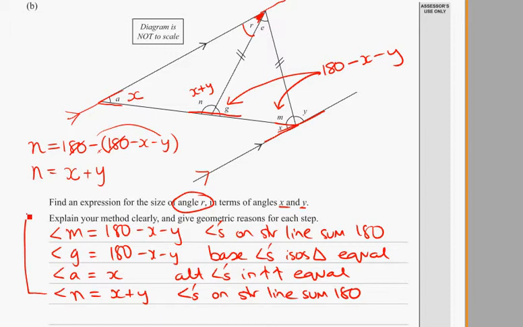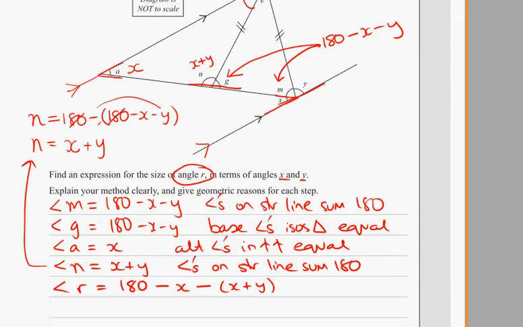And if you just want to refer to the algebra there. So lastly, angle R is going to equal 180 minus that angle minus the x plus y, and because it's x plus y we'll just put it in brackets like that. So doing a little bit of algebra on that, and the reason for that was angles in a triangle, sum 180.